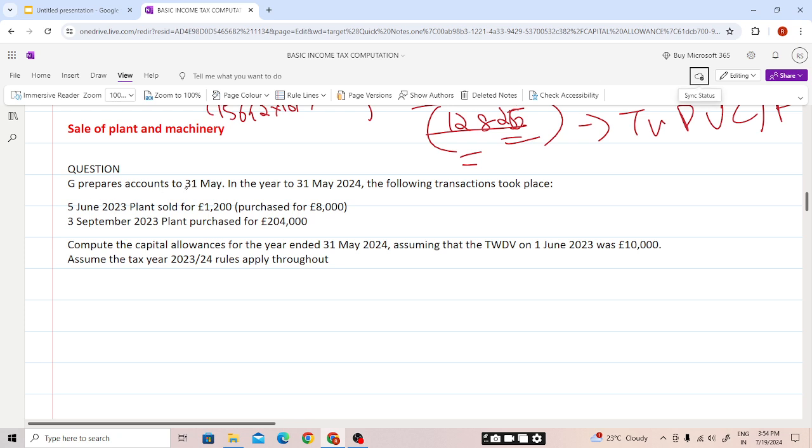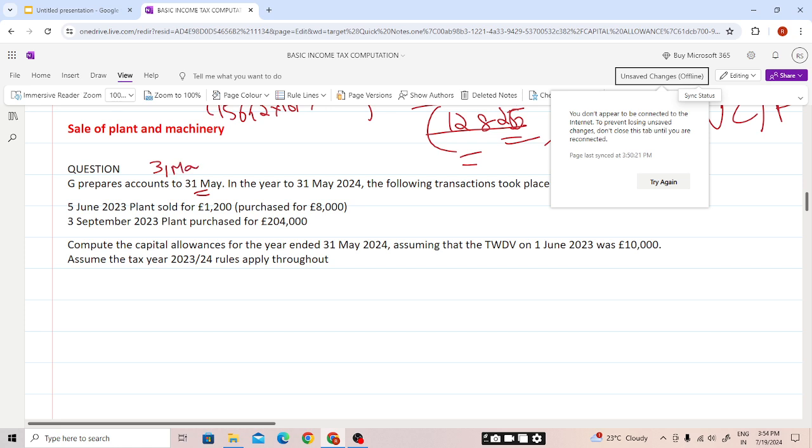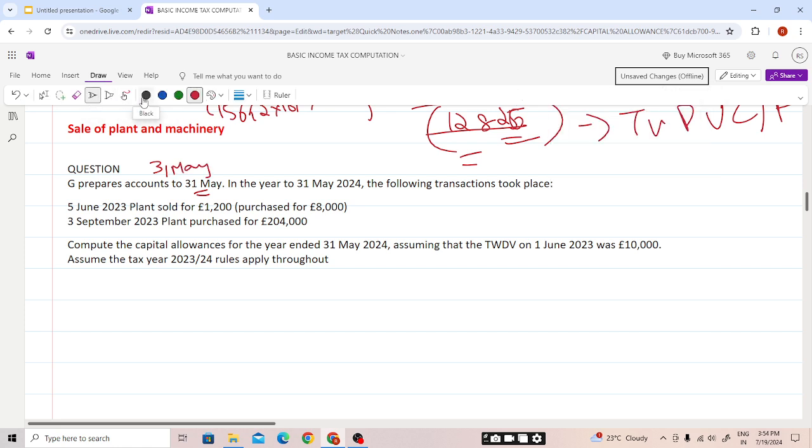G prepares accounts to 31st May each year. In the year to 31st May 2024, the following transactions took place. On 5th June 2023, plant was sold for 1,200, purchased for 8,000.